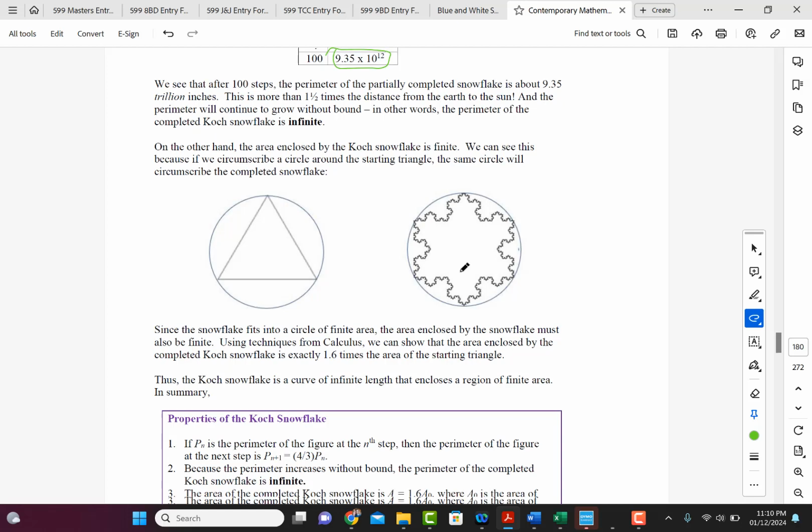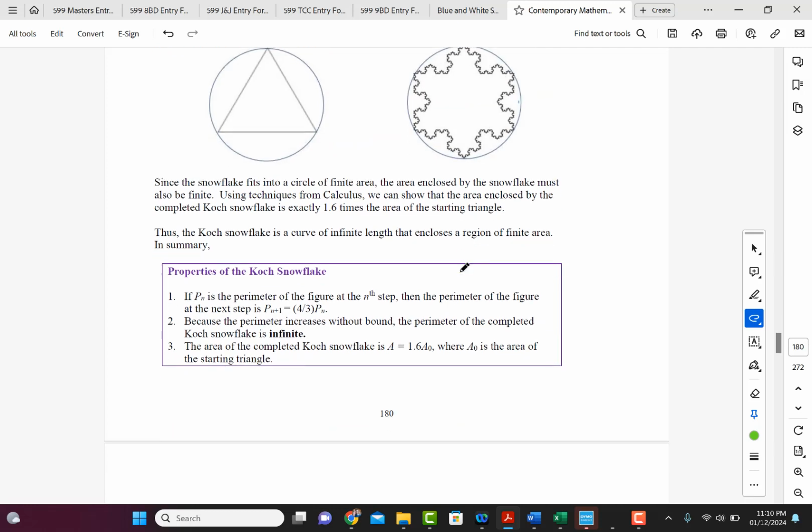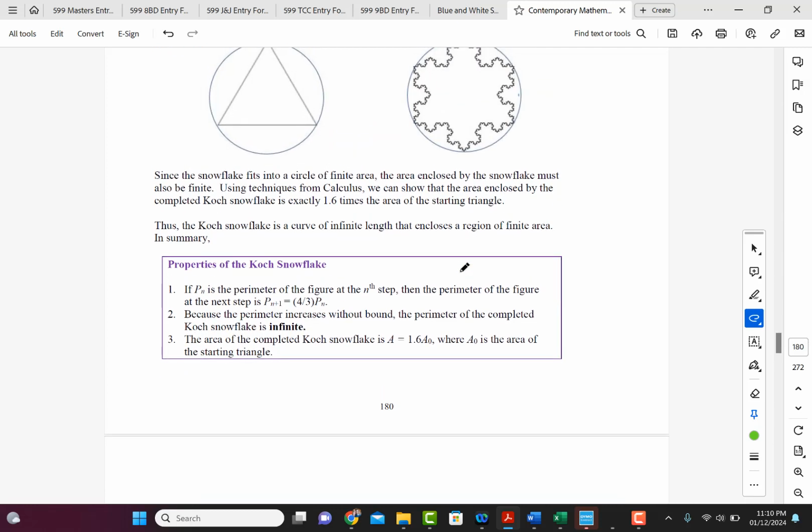So in summary, these are the properties that we have for the Koch snowflake. 1, if P sub n is the perimeter of the figure at the nth step, then the perimeter of the figure at the next step is 4/3 times P sub n. 2, because the perimeter increases without bound, the perimeter of the completed Koch snowflake is infinite.